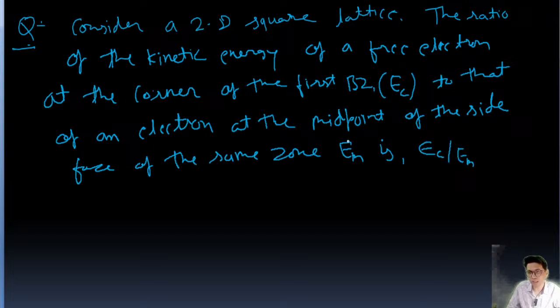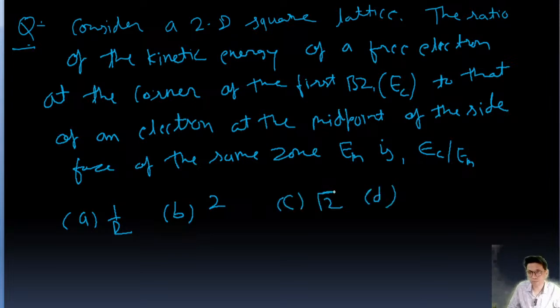We need to find EC upon EM. Option A is 1/2, option B is 2, option C is root 2, and option D is 1.